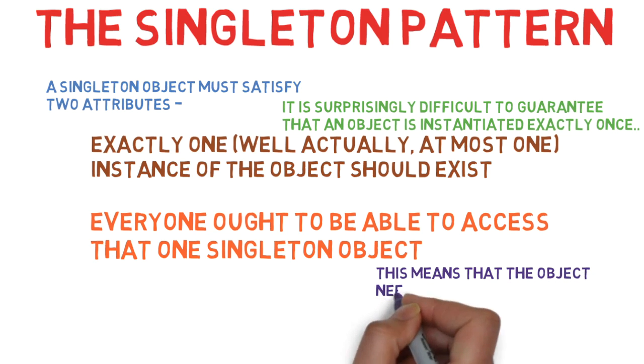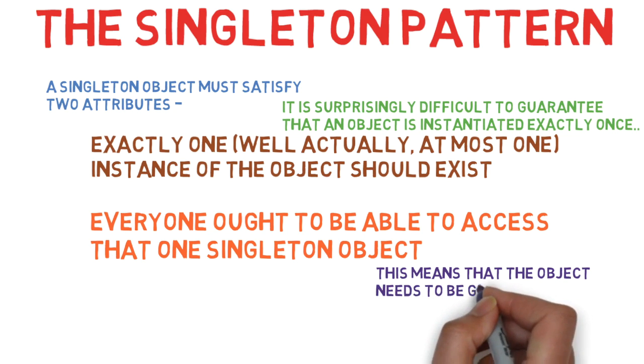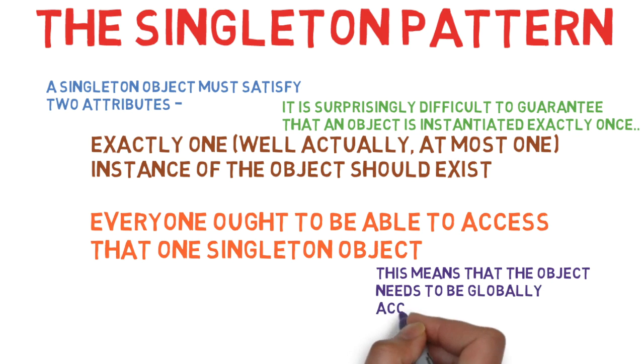The second point means that the object needs to be globally accessible. You should have some way of exposing that one singleton object to any code which requests it. Both of these conditions need to be satisfied so that you can use a singleton successfully in your code.